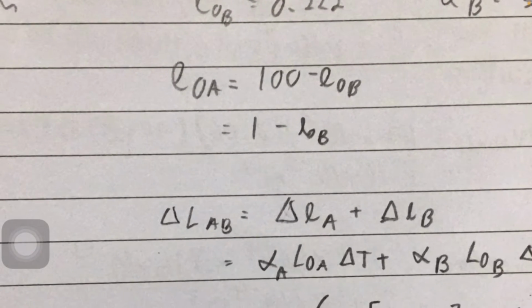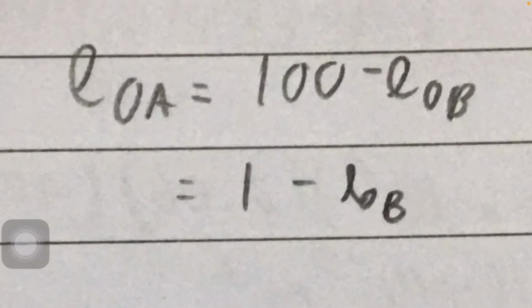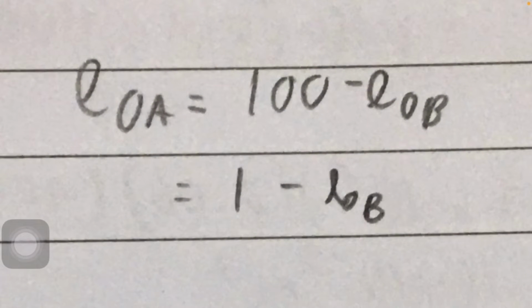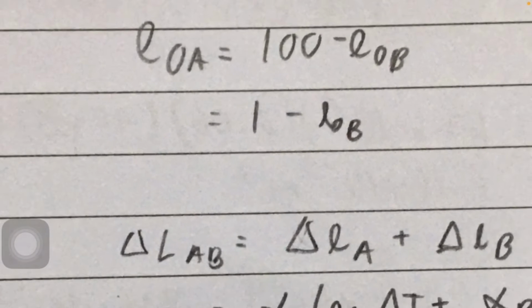So we must convert this into the equation. For length naught A, we move length naught B to the right side, so we get 100 cm minus length naught B. We change the unit of the 100 cm, so we get 1 meter minus length naught B.